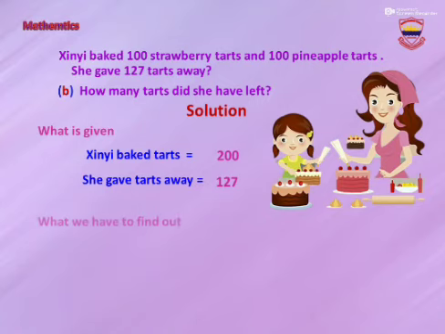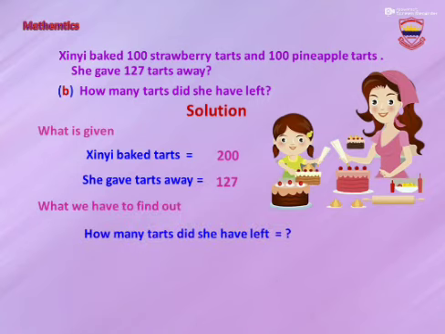What do we have to find out? We have to find out how many tarts she had left. The next step is which operation we do. We have to find out the remaining quantity of tarts, so we do subtraction.